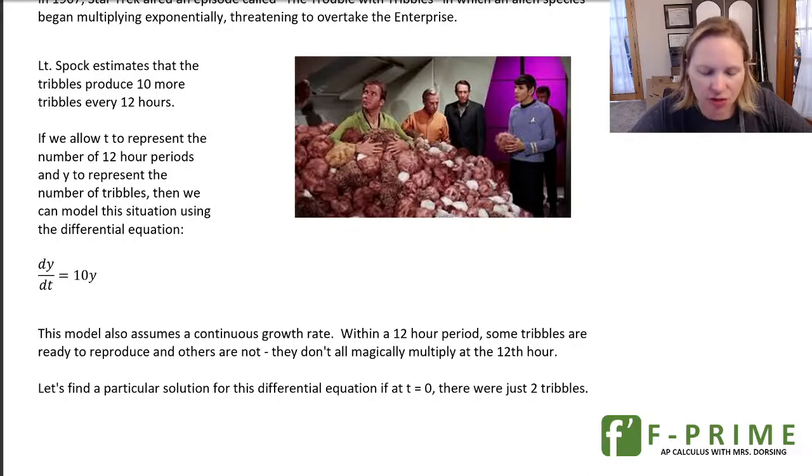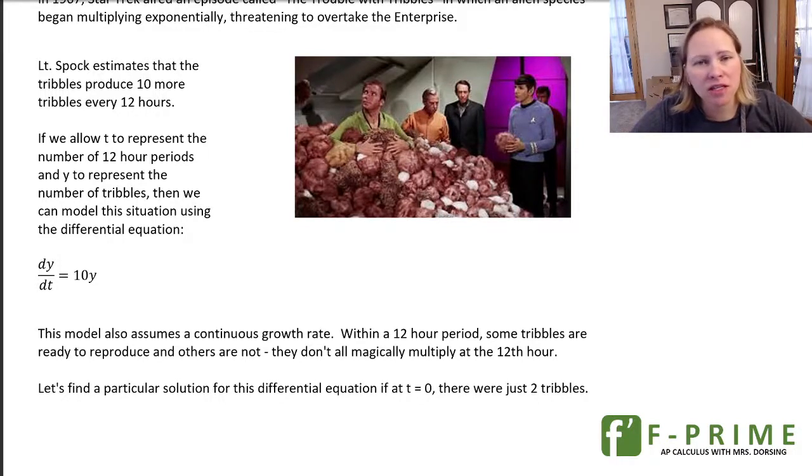We also need to understand that in reality, this 10 tribbles per tribble every 12 hours really is just an estimate based on the trends that Spock sees using real-world data. So within that 12-hour period, you could have some tribbles being born in the beginning of the period and some being born at the end and some in the middle.